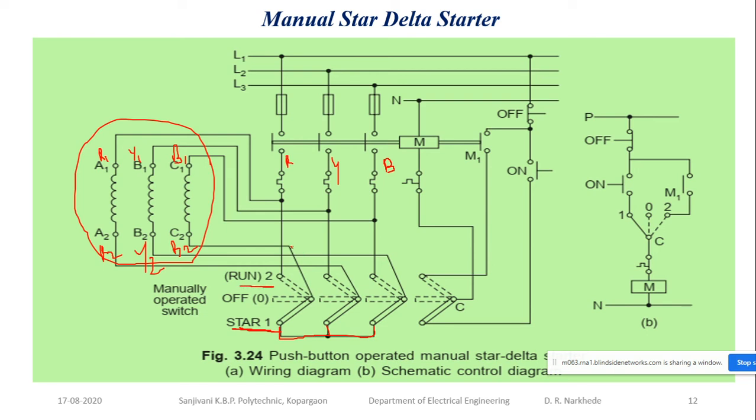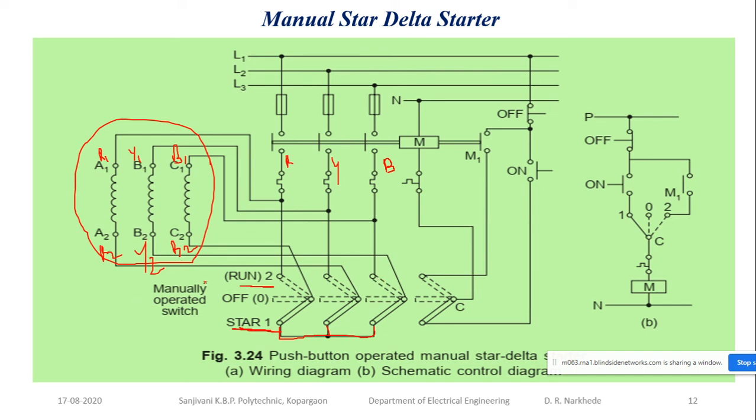When this is connected to position number 2, you can see over here C2 is connected to R1. To this I have connected R2. This R2 is connected to Y1, and B1 is connected to your Y2.